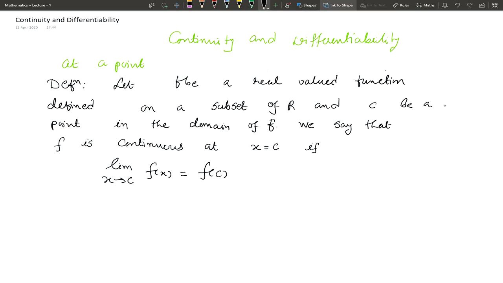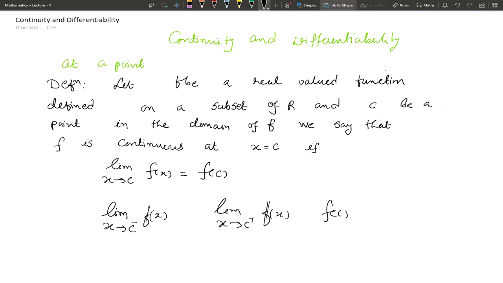you note that left hand side limit x tends to c f of x. We know about limit. For this limit x tends to c f of x, limit x tends to c minus, that is left hand side limit must exist, right hand side limit must exist, and f of c.